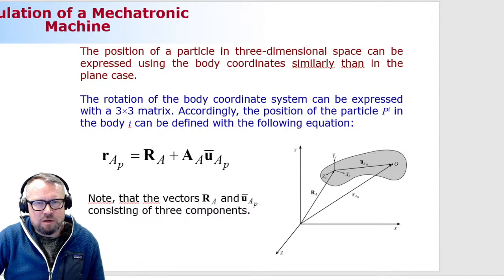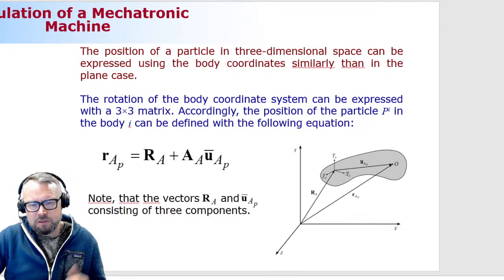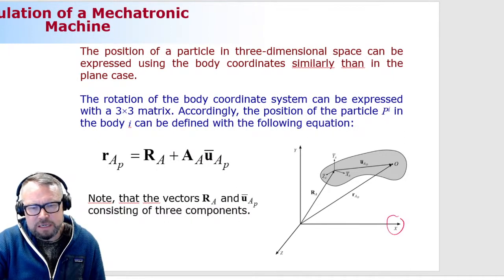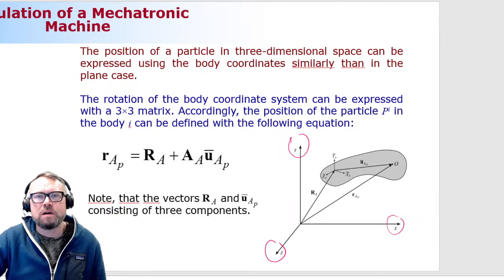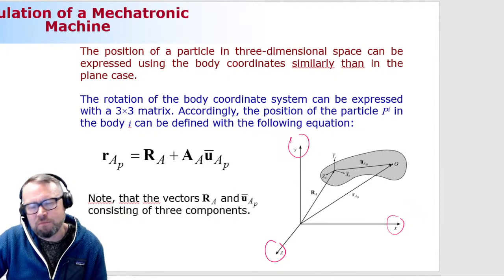So in a three-dimensional space, in spatial cases, we have a coordinate system that consists of three axes, which are X, Y, and Z. This is the one you can see in real life, anywhere you want.